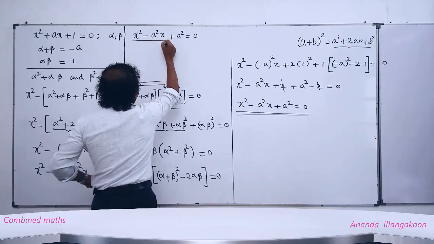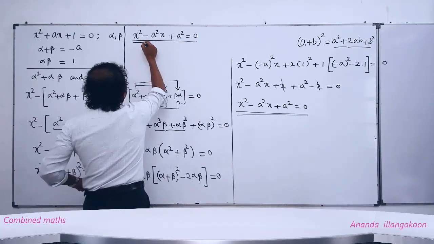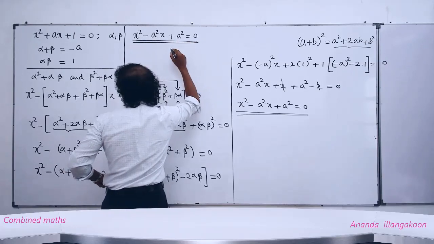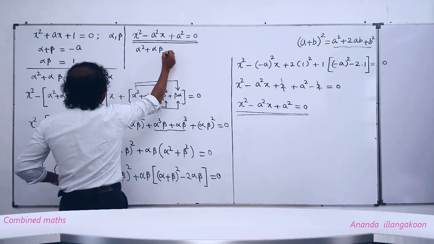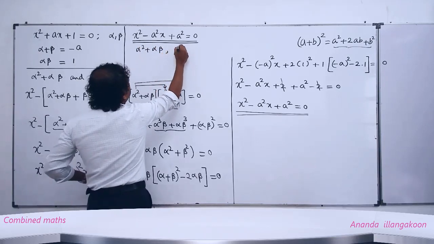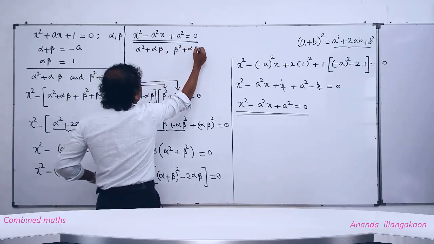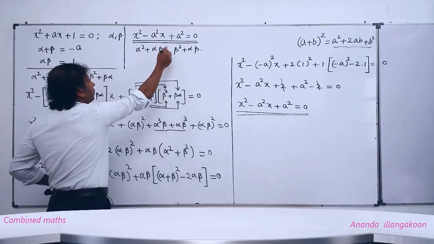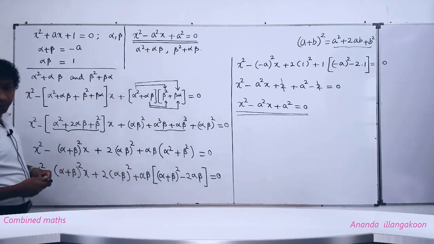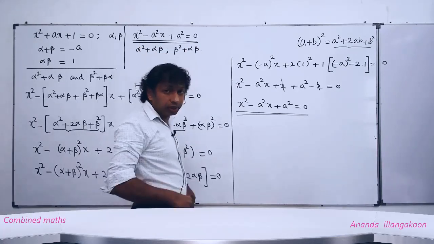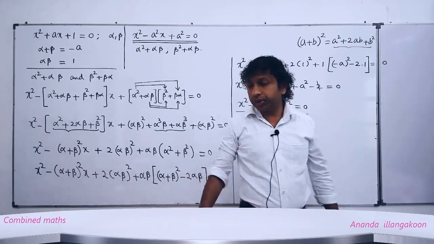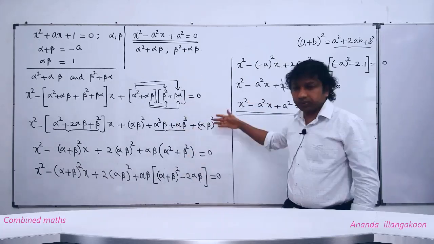This is the required quadratic equation, whose roots are alpha squared plus alpha beta, beta squared plus alpha beta. These two are the roots, right? Now, people, I am going to tell you how to take this quadratic equation without following this process.